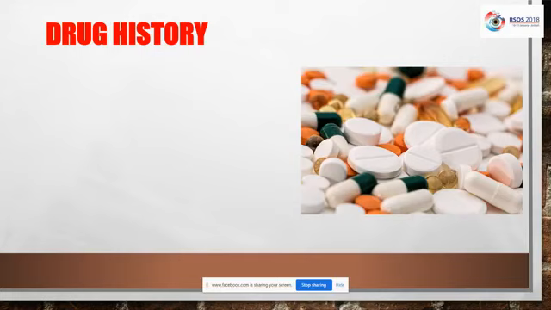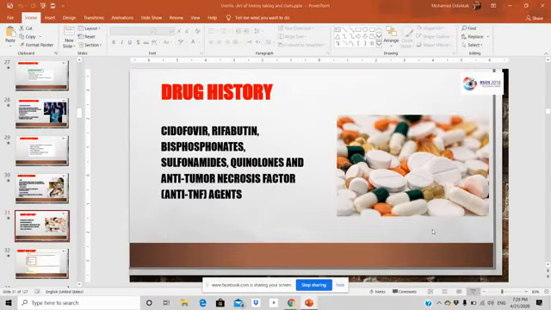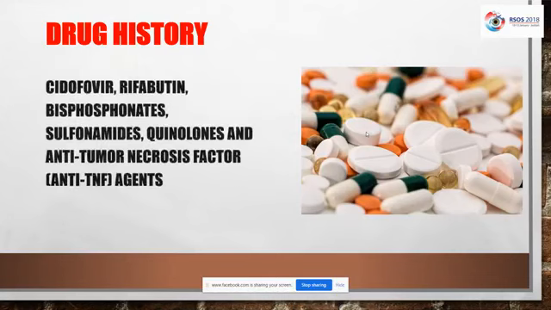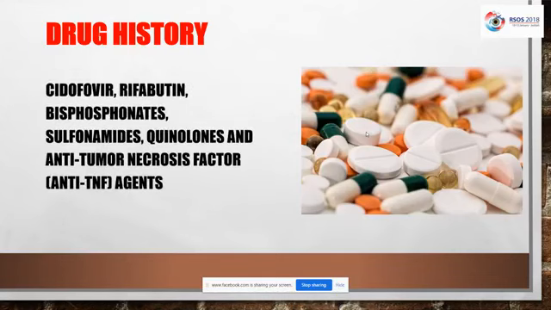The drug history: there are some drugs that can be associated with uveitis. The drugs that have been reported to be associated with uveitis are many, but include rifabutin, bisphosphonates, sulfonamides, quinolones, and anti-tumor necrosis factor.